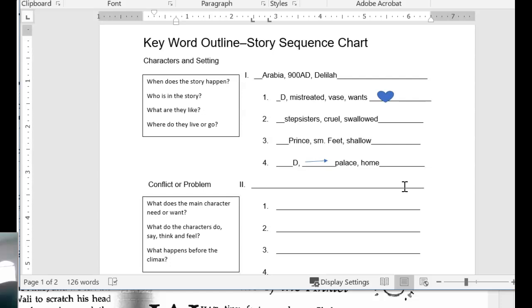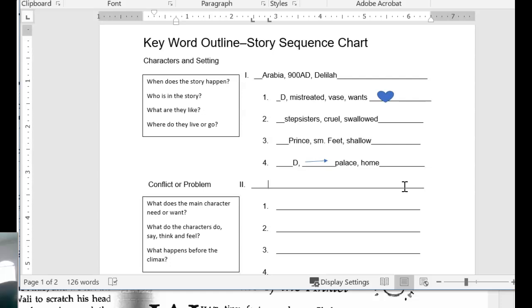Really the point where nothing changes much after that is when she is changed back from a dove into a woman by the prince. So everything before that is part of the conflict and problem, then that is the climax, and the rest is resolution.